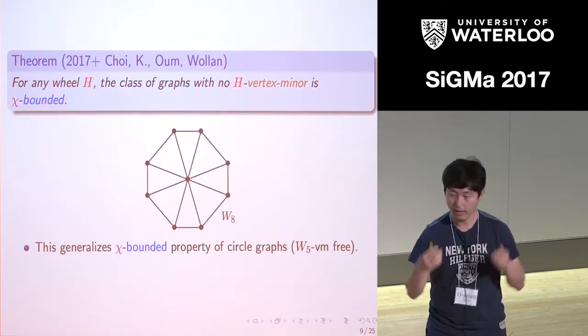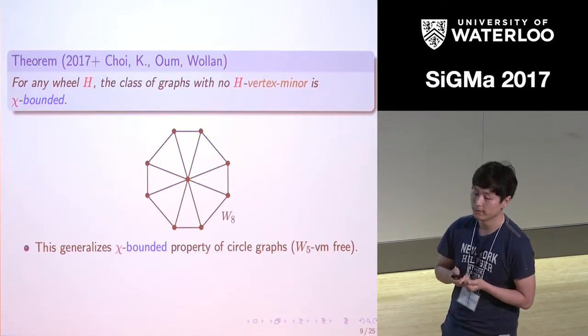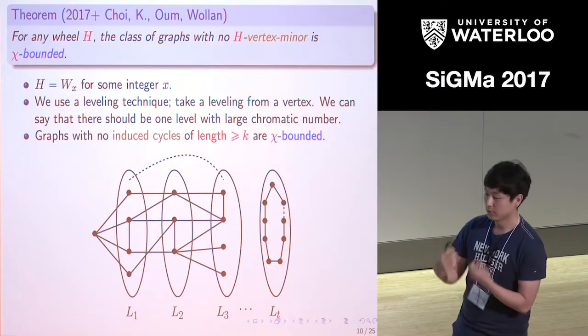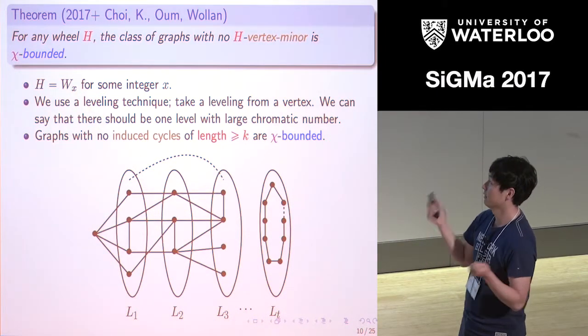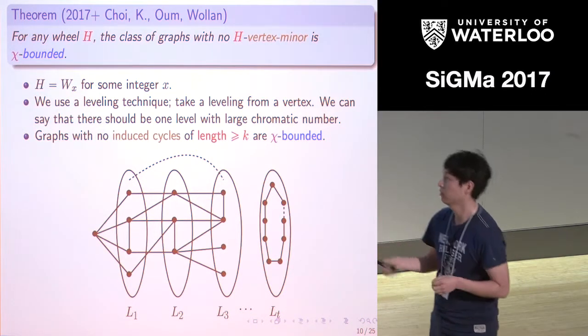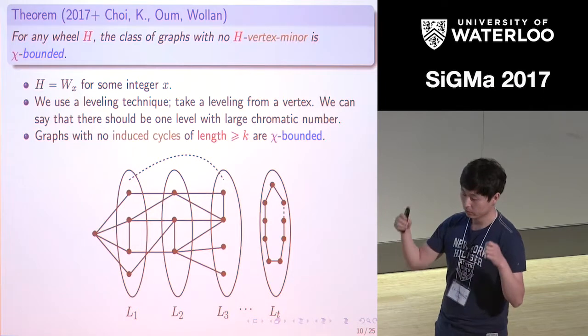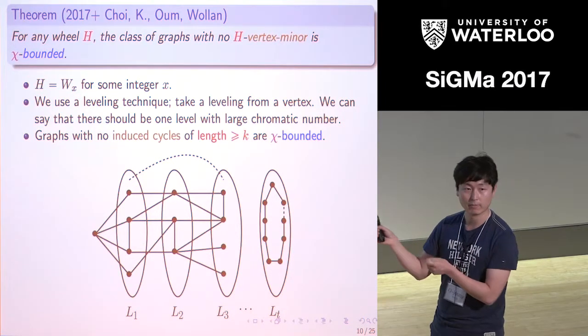So we have some time, so I would like to give some techniques to prove this. As usual, in many papers on chi-boundedness results, we use the leveling technique as a basic tool. So you want to color the graph, and you can look at the connected components individually, right?